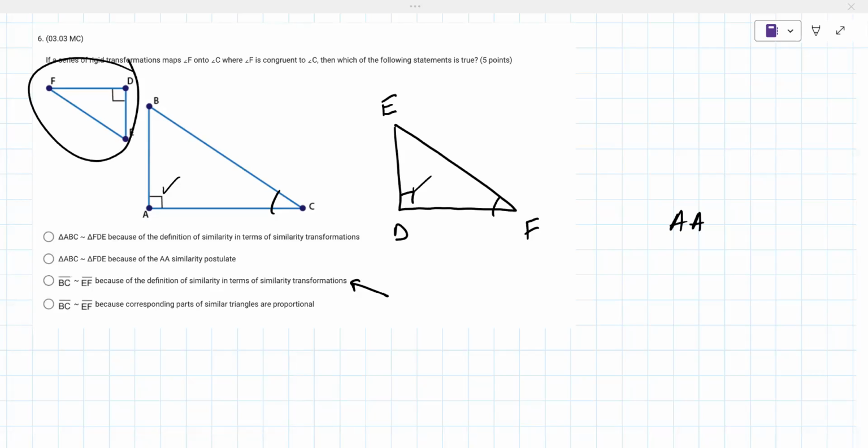Here, let me see what did that. Yeah, there doesn't seem to be anything like that in that lesson, that it would be in the similarity lesson.